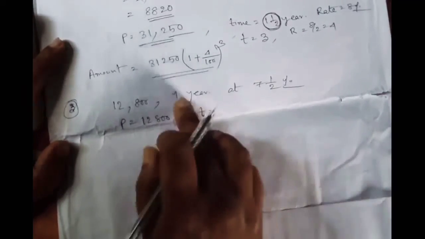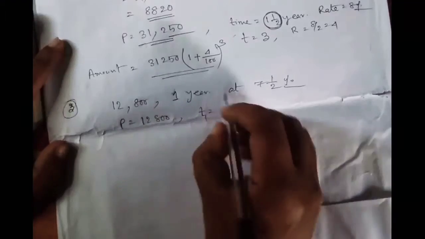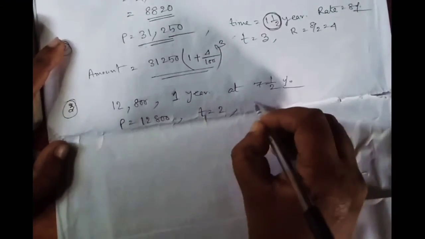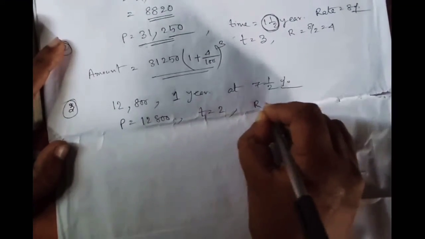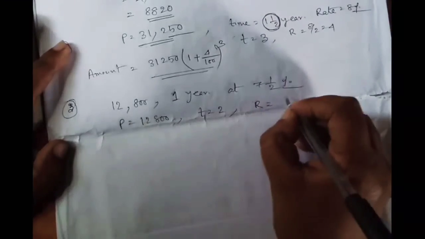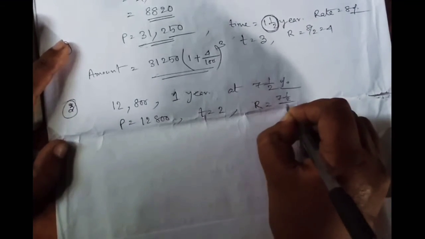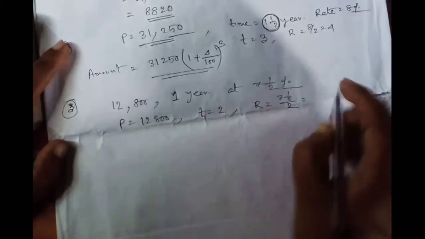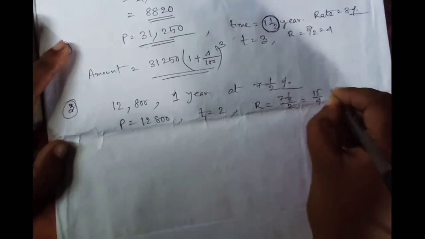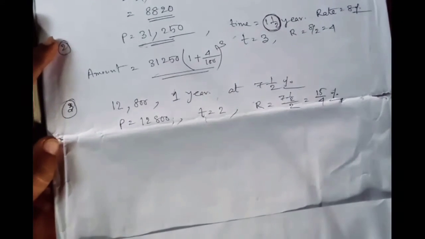T is equal to, in 1 year there should be 2 half years. So, T is equal to 2 and rate R is equal to 7 whole 1 by 2 by 2. So, 15 by 4%, that is the R. Okay.